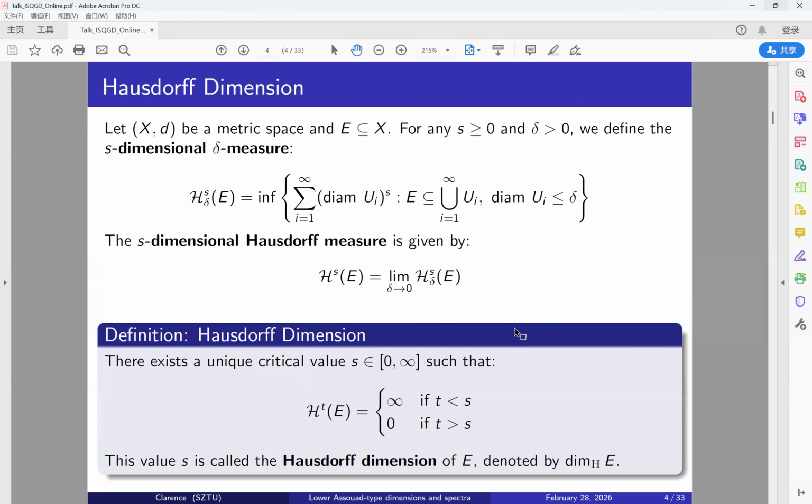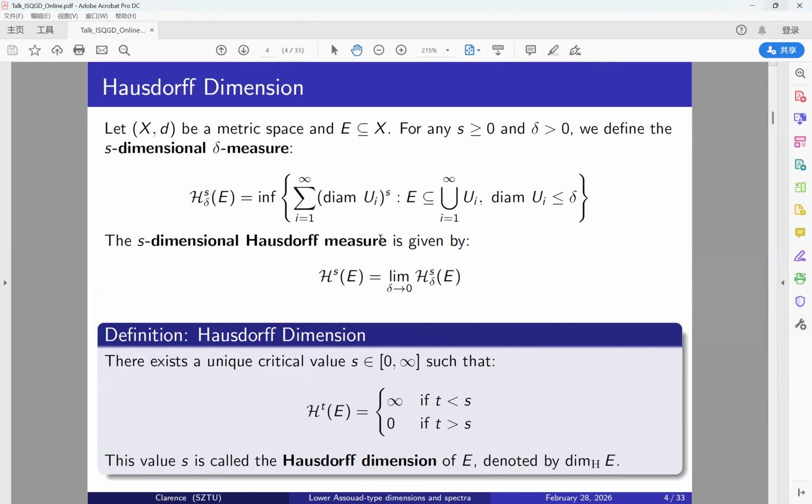One of the classical and well-known dimensions is the Hausdorff dimension. Let (X,d) be a metric space and E a subset of X. For any s and any delta, we define the s-dimensional delta measure as follows.